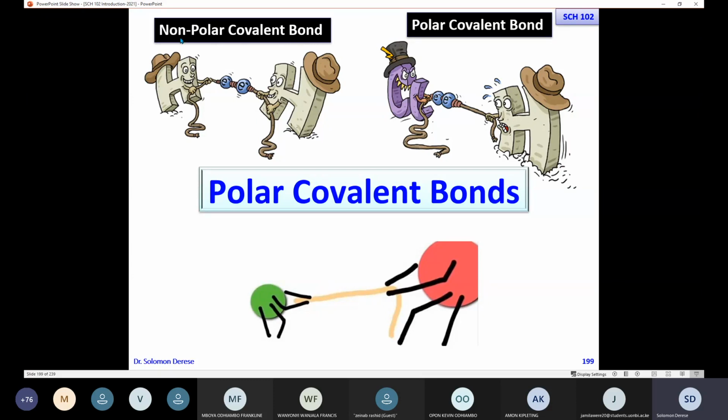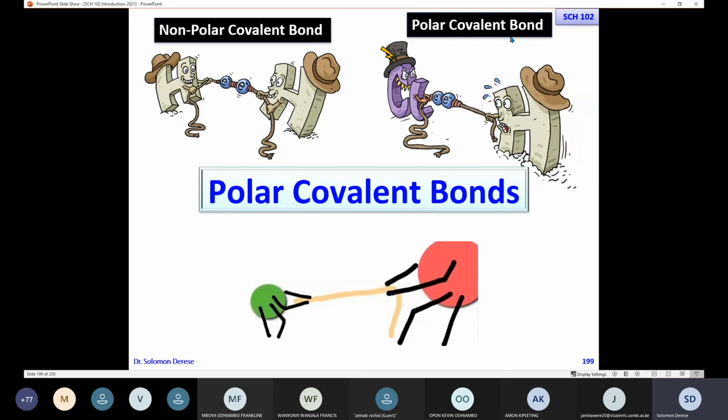Therefore, the covalent bond will be non-polar. But if you have a covalent bond between two elements that are not the same, two elements that have significant difference in terms of electronegativity, the electrons of the bond are not going to be shared equally. So the covalent bond that is going to form between such elements is polar covalent bond.